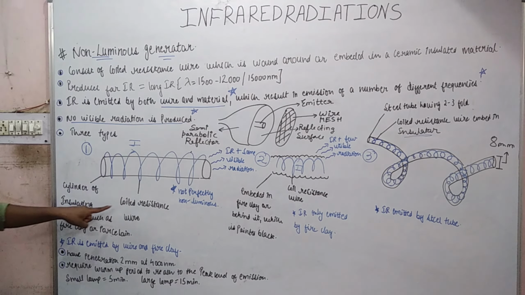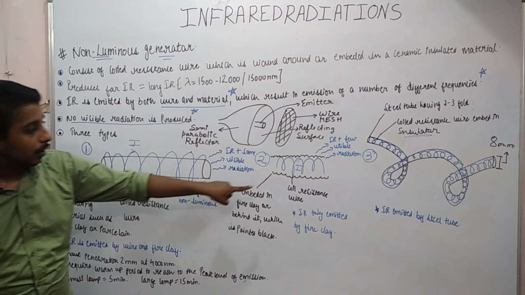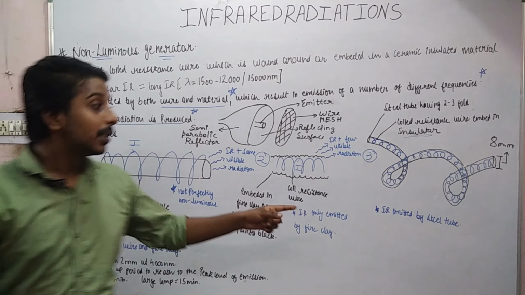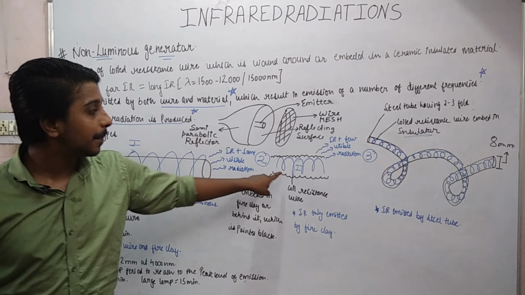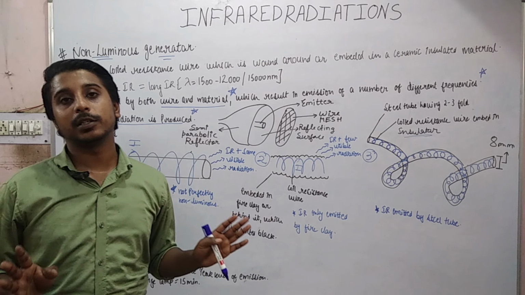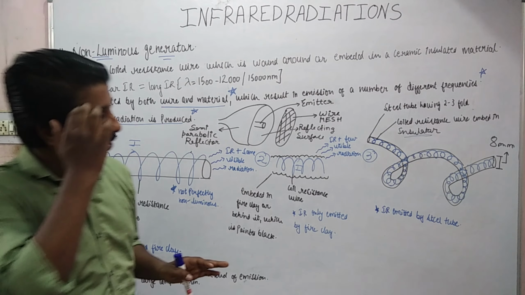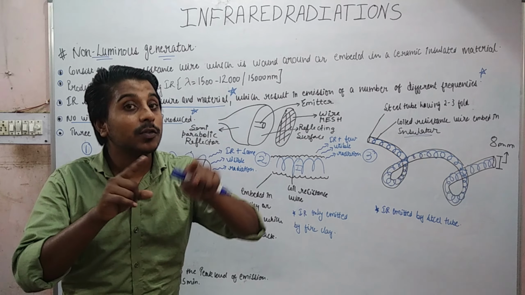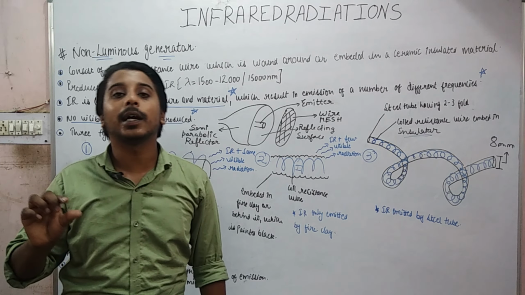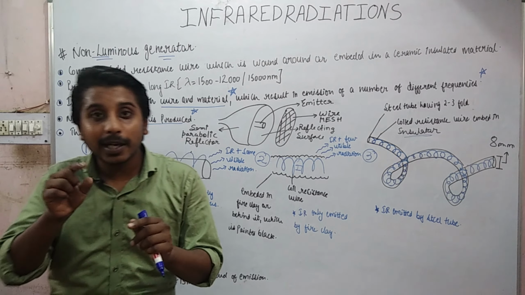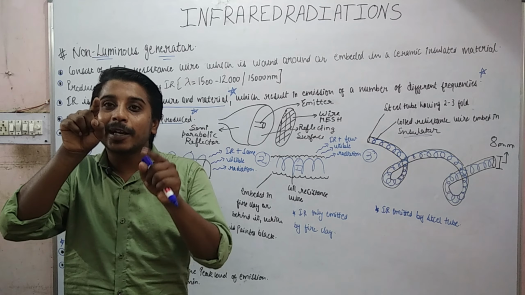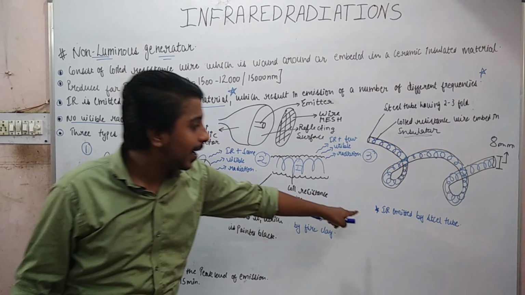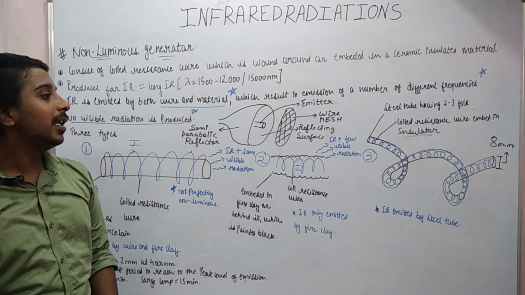Because in the earlier two types there was only coiled resistance wire, not embedded in insulation, which means those two types have the wire without insulation. Here the wire is covered with the insulator, which is an insulator of electricity but a good conductor of heat, so that conduction can occur from wire to insulator. Then the insulator in contact with the tube heats it, and IR is emitted by the steel tube.